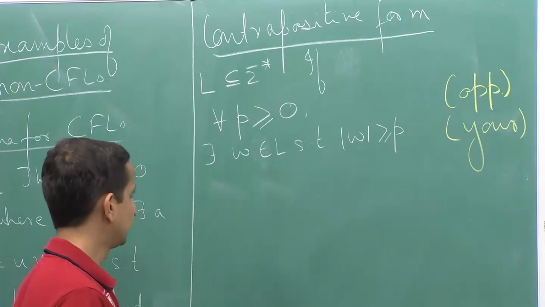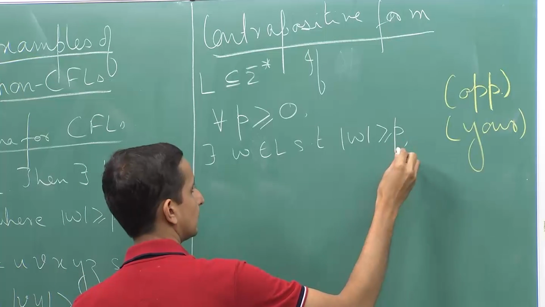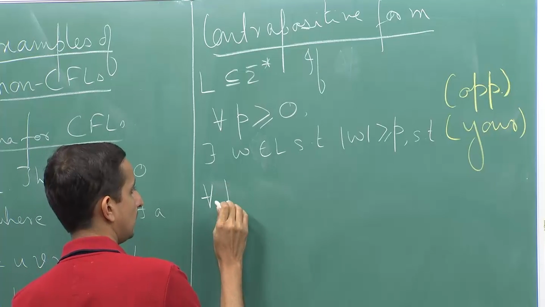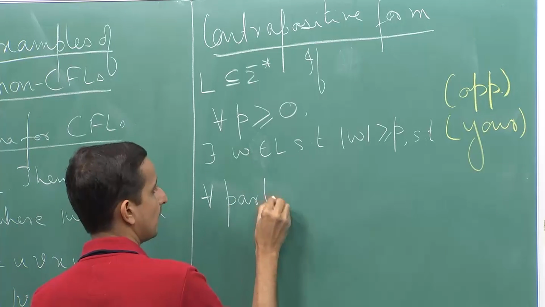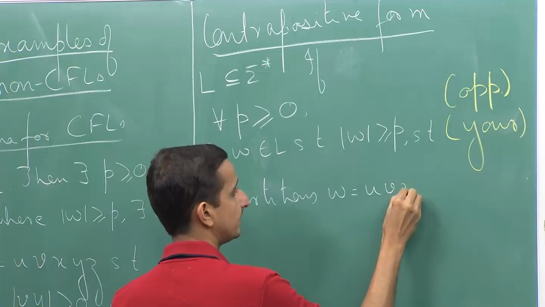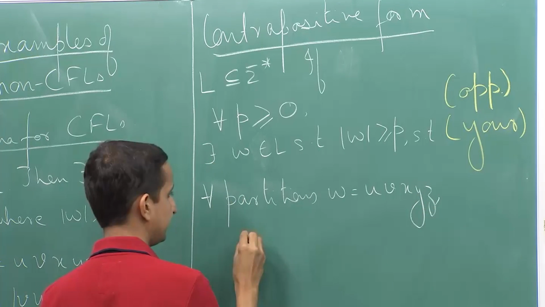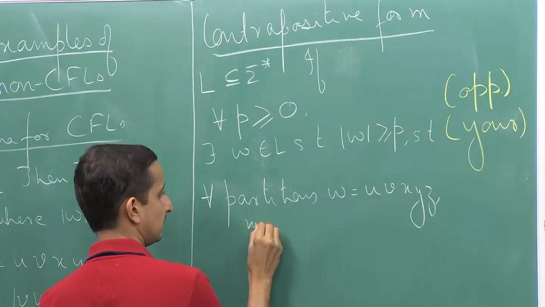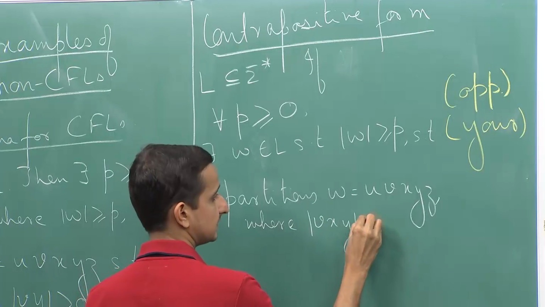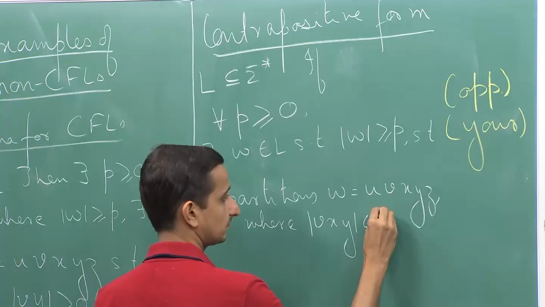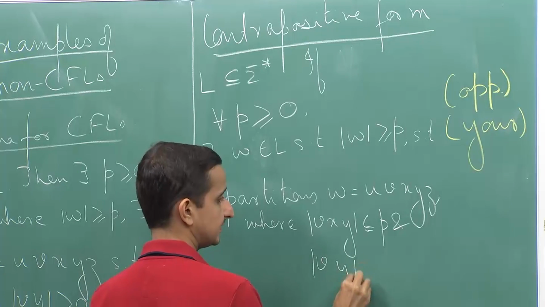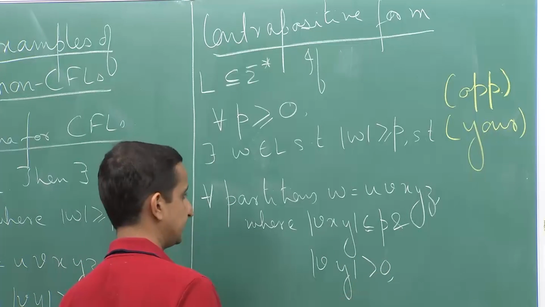This is your move, such that for all partitions w equal to u v x y z, where length of v x y is at most p and length of v y is greater than 0.